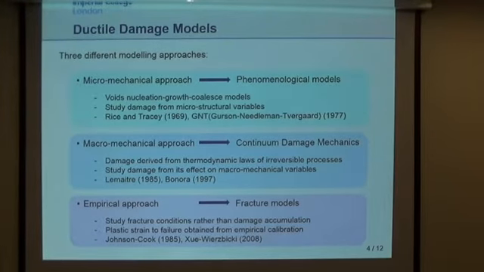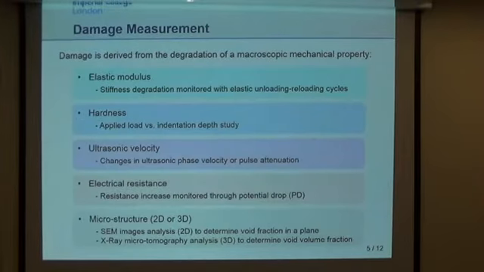This one studies not the single defects, but the effect this damage has on the macroscopic behavior of the component. And the last one is the empirical approach, fracture models, which are only concerned with the fracture conditions. So in my case, I focus on the macromechanical approach, since it's quite good to represent the damage accumulation in the plastic regime.